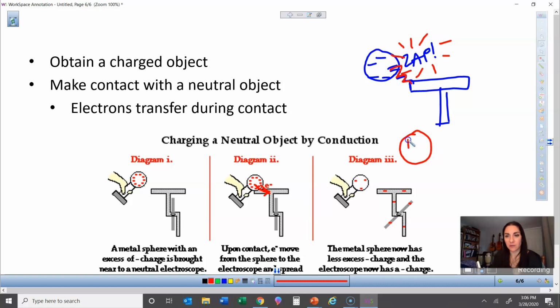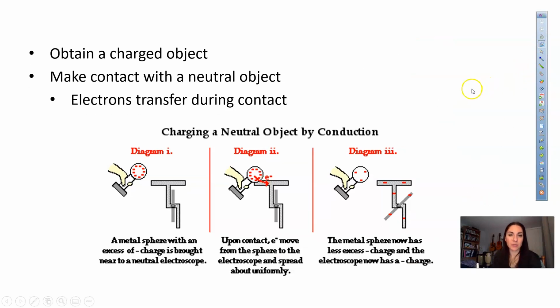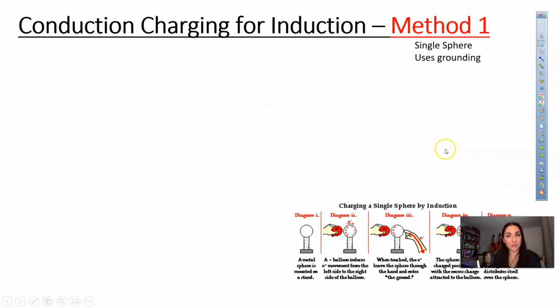If it's positive and you touch something, like this metal rod, the electron flow goes the other way because those positives want electrons. If you take a positive object and touch it to a neutral object, it will become positive because it lost electrons. Pretty simple. I hope it's simple enough.